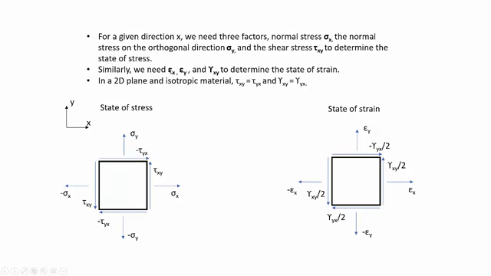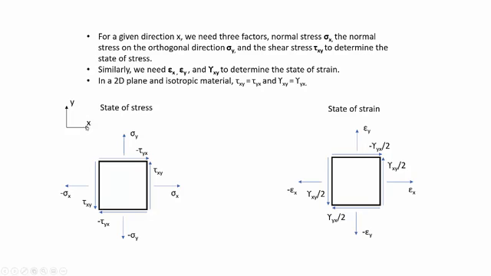Similarly, we need three values, that is epsilon x, epsilon y, and gamma xy to determine the state of strain. And in a 2D plane and isotropic material, tau xy equal to tau yx, and gamma xy equal to gamma yx.